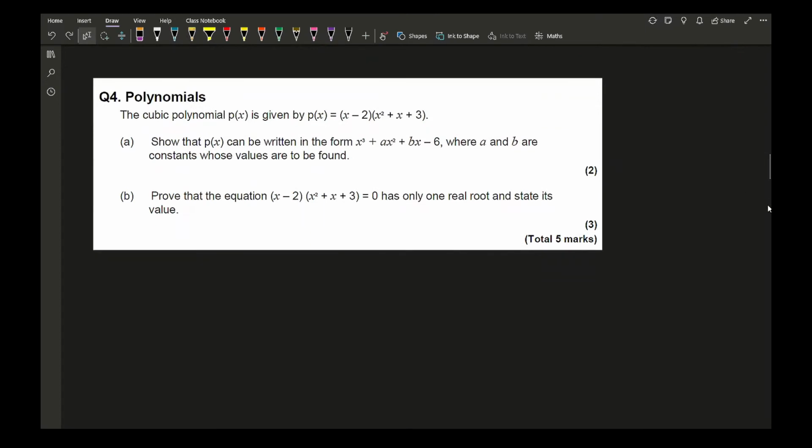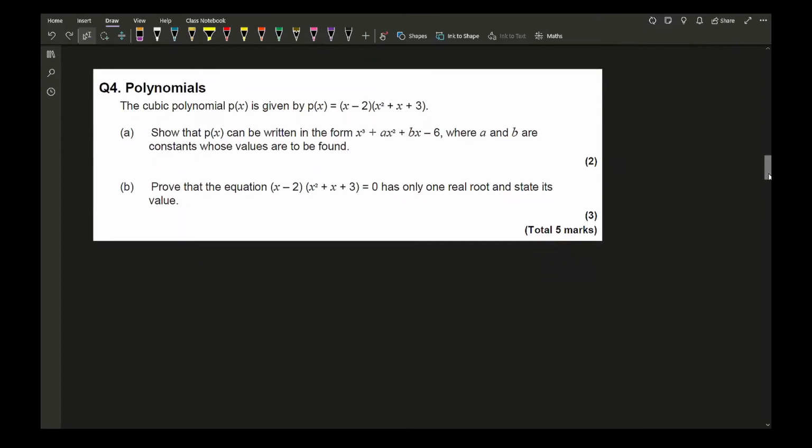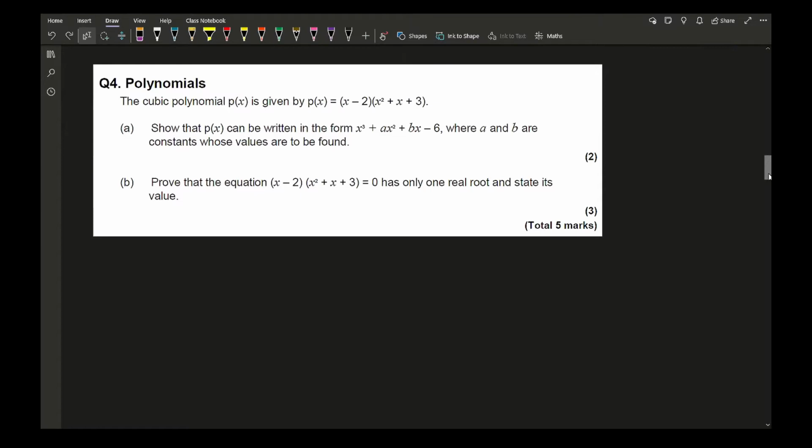So moving on to question 4, which refers to polynomials. So here we've got a cubic polynomial. P of x is given by P of x equals x minus 2, x squared plus x plus 3. Show that P of x can be written in the form x cubed plus a x squared plus b x minus 6, where a, b are constant values. So here we simply need to expand the bracket. This one's relatively straightforward.